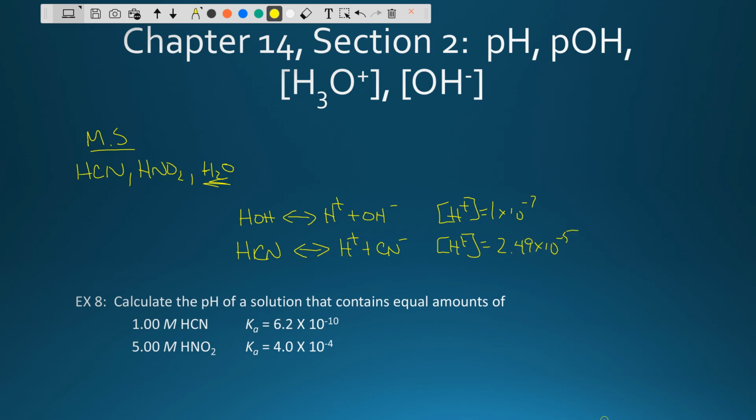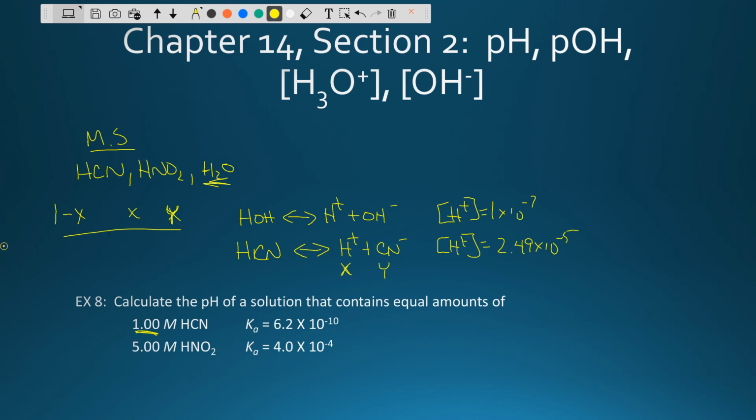Now if I put this into an equilibrium, my initial of my cyanic acid was the 1 molar, so that's going to end up being 1 minus X. That will equal, taking my hydrogen as my X, and the anion that's going to be there would be my Y value. So 1 minus X will then dissociate into my X and my Y.